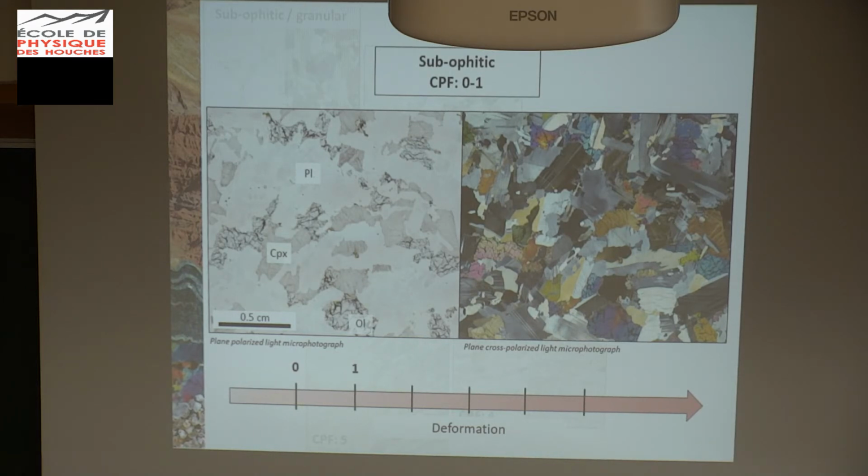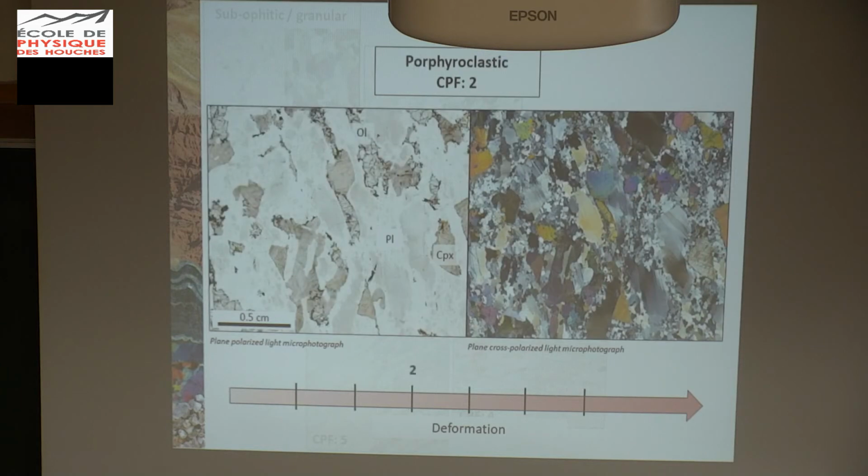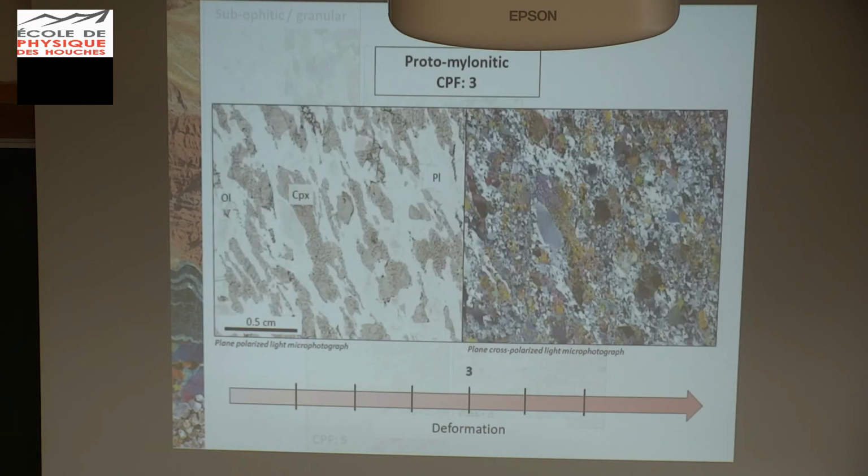And when deformation starts to occur in gabbros, what happens is the recrystallization of plagioclase and only plagioclase. You see that there is no deformation at all in clinopyroxene or in olivine. And this is a porphyroclastic microstructure.